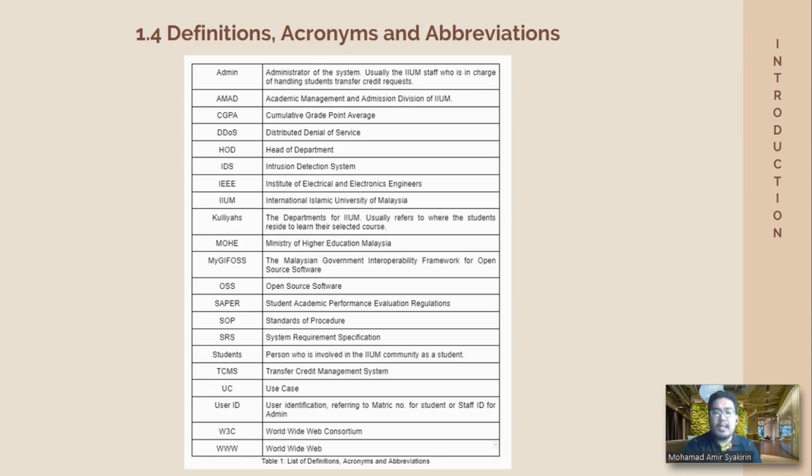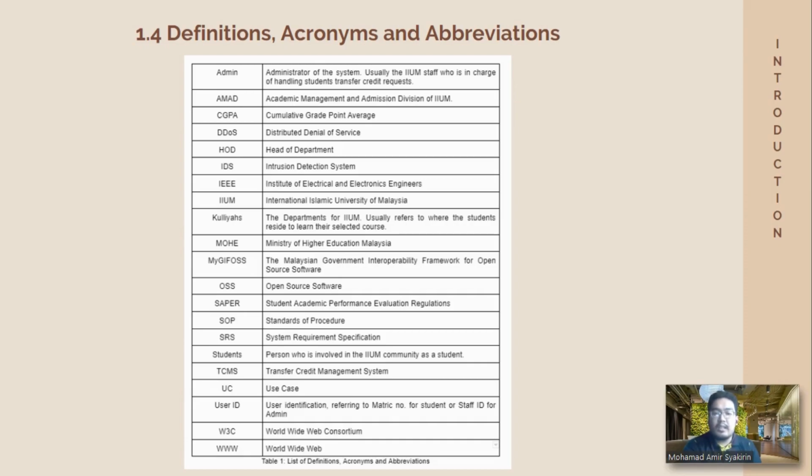Next, we move to the definitions, acronyms, and abbreviations. Admin is the administrator of the system, usually IIUM staff. AMAD is the Academic Management and Admission Division of IIUM. CGPA is cumulative grade point average. DOS is denial of service, and HOD is head of department.